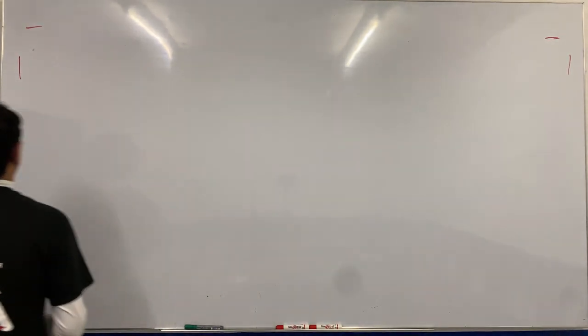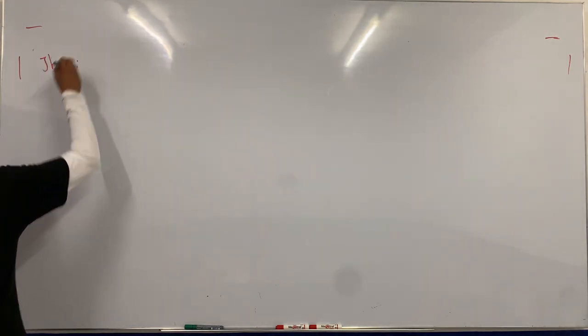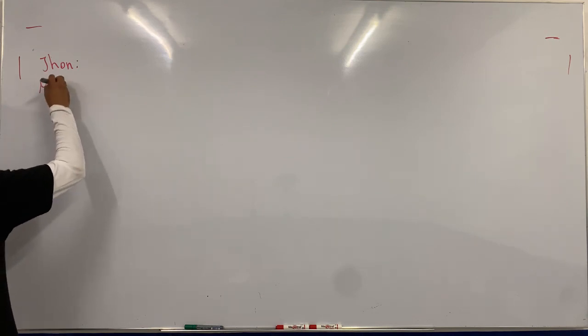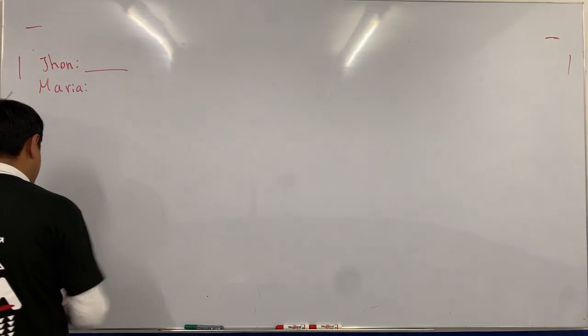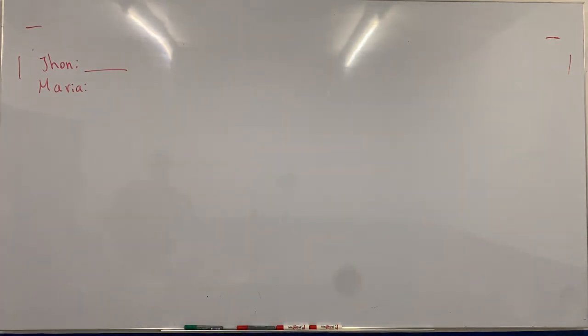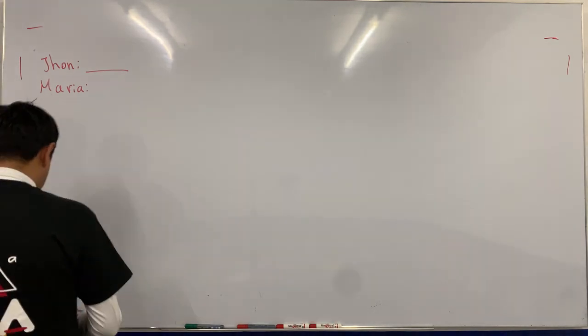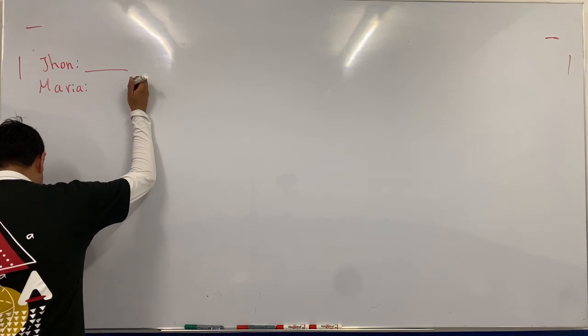I'm gonna give you two exercises more. Check this. Again, we have John and Maria. In this case, one. In this case, he says, when did you go? Oh, sorry, another.